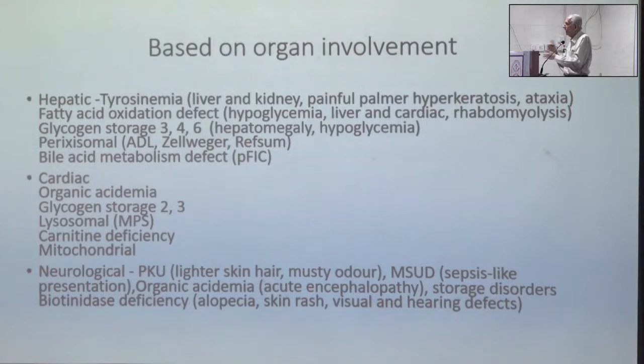Of course, both overlap very soon, and then you have the typical PKU or an MSUD, and then you have Tay-Sachs, Sandhoff, etc., those other ones. Again, the age of onset of neurodegenerative disorders makes a lot of sense. The grey matter disorders often come rather early, and the white matter disorders come a little later in infancy, maybe 4-6 months onwards. So these are a rough kind of a situation.